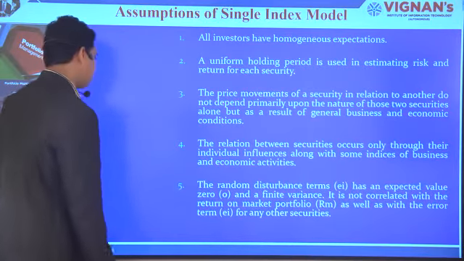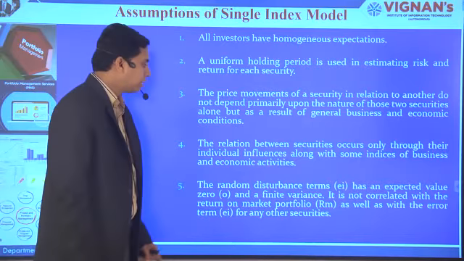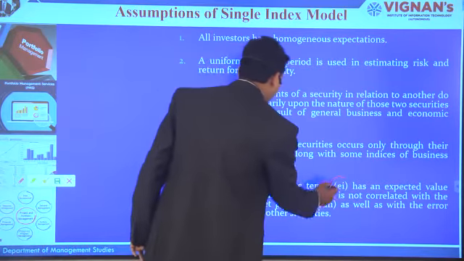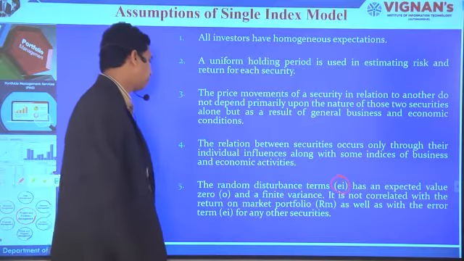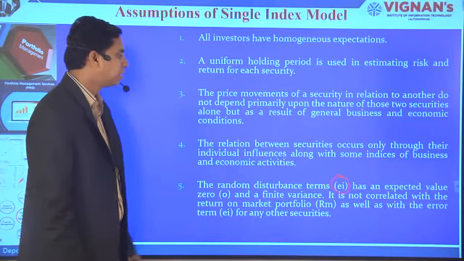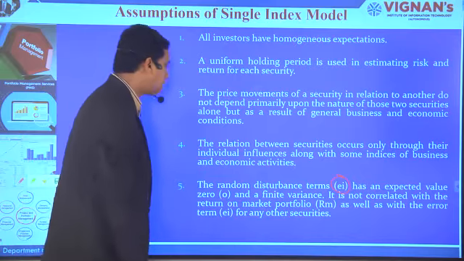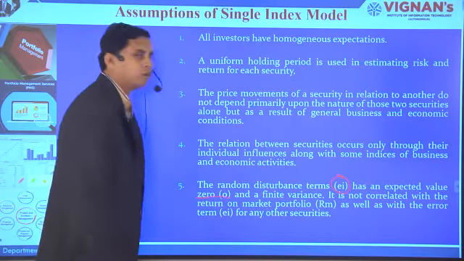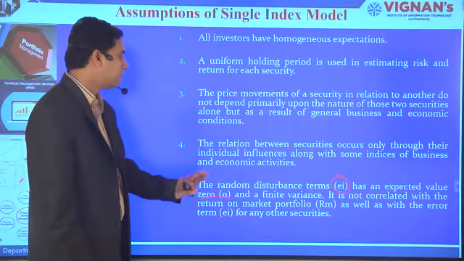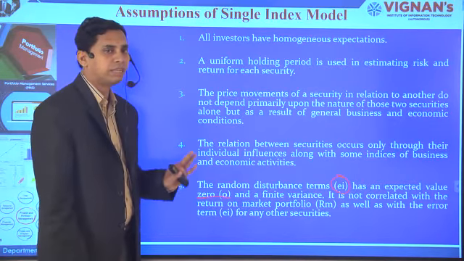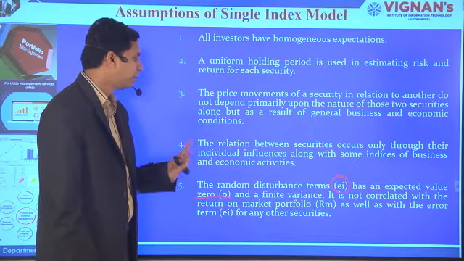And the fifth one is a term considered in this Sharpe single index model, which is nothing but the error term return, that is ei. The random disturbance term ei, which is the error term return, has an expected value of 0. So the ei value is considered as 0 with a finite variance, and the variance is also expected to be finite.